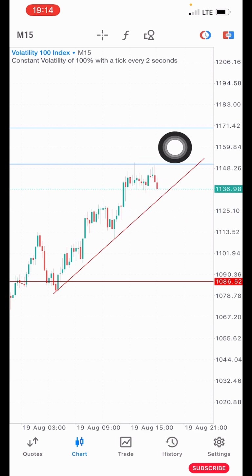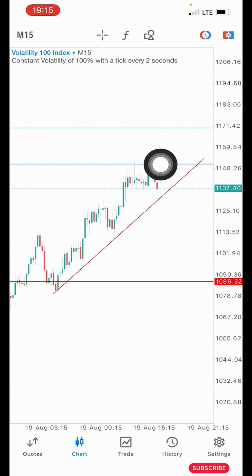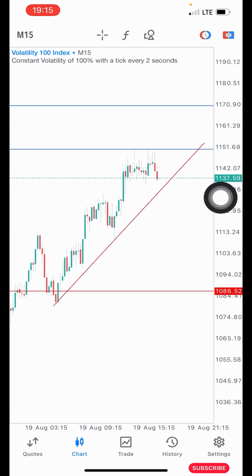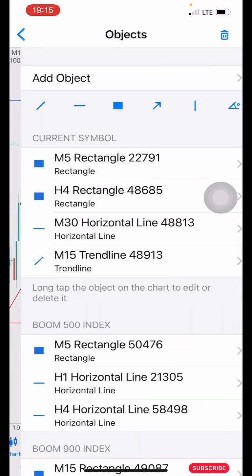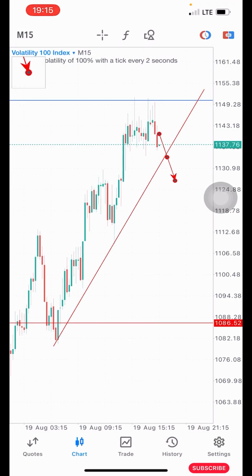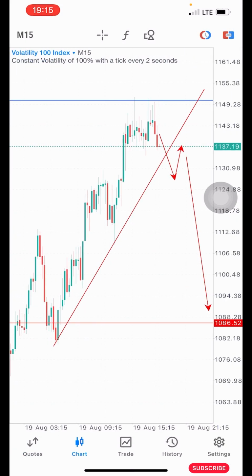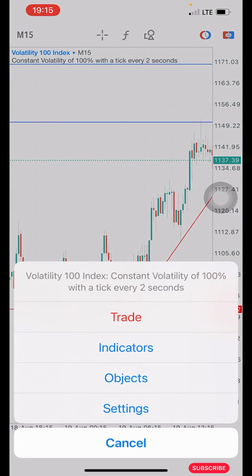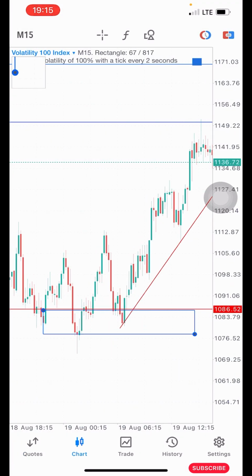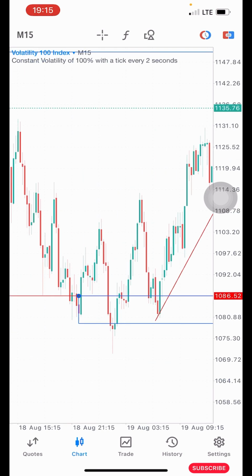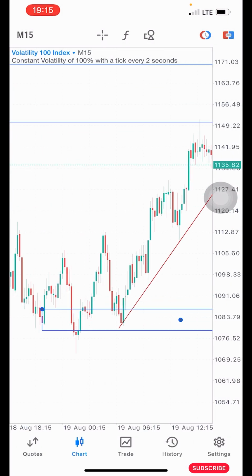But based on this resistance zone, which is very strong and comes from the daily time frame, you need to expect a movement like this: price breaking below this trend line, going back for a retest, then likely continuing to the downside. You can see there is a resistance down here also that you need to take note of and consider.